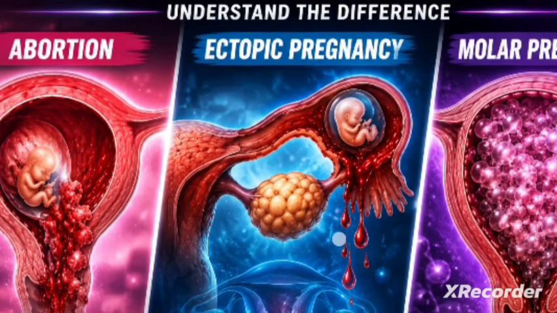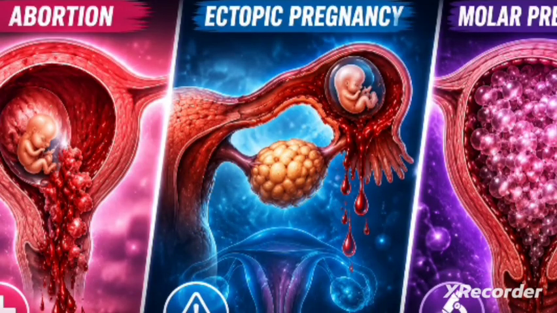One with abortion may present with symptoms such as vaginal bleeding, abdominal pain, and endouterine bleeding.